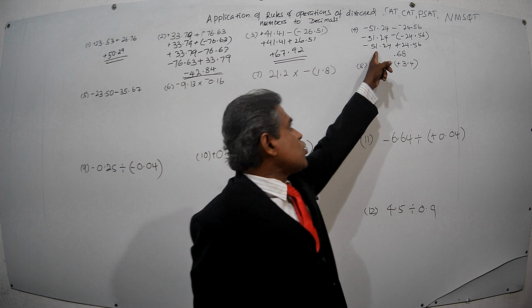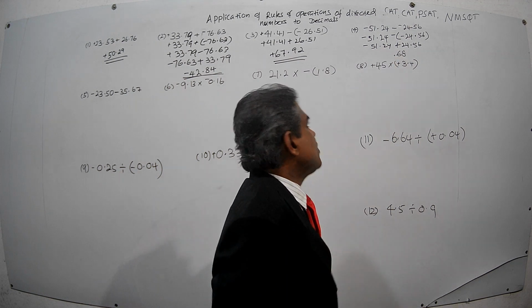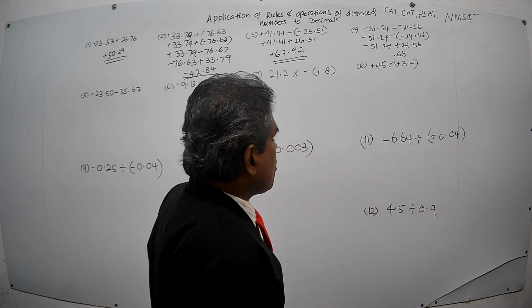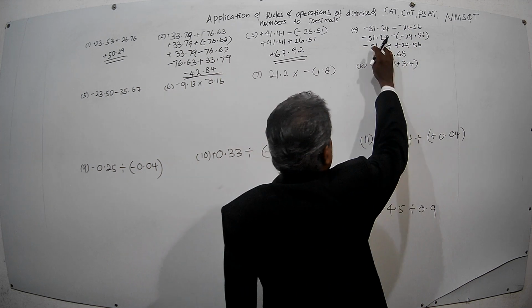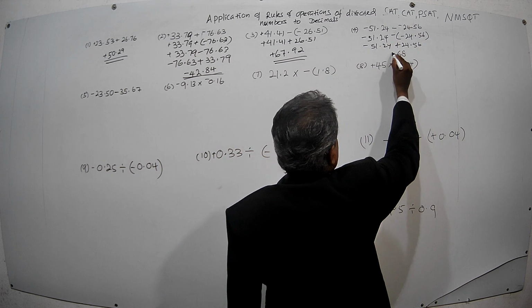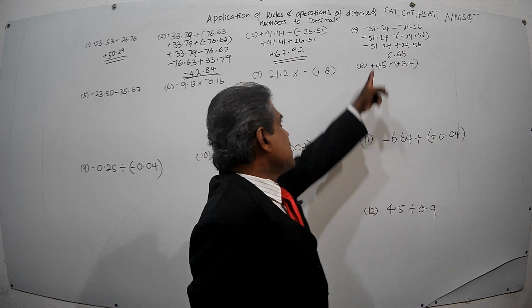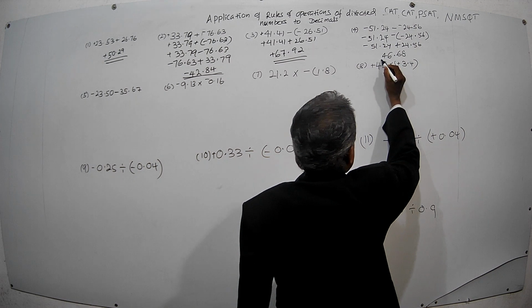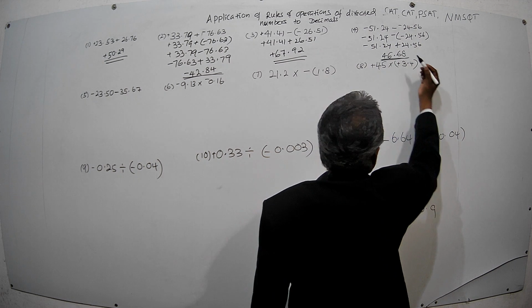Now here this one was taken to this side, here it is 0. Then 4 from 0 is not possible. Therefore, take 1 from this part, it is only 10. 4 from 10 is 6. Then here there is 4. Write that 4.